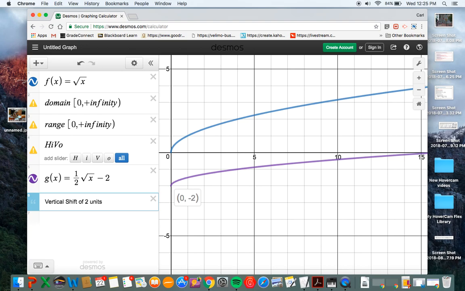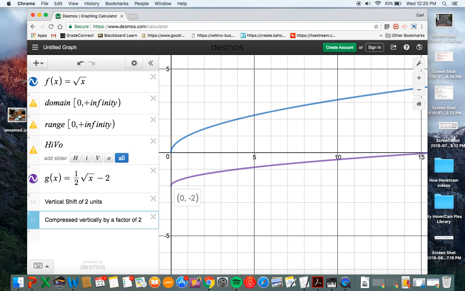We hopefully can see that there's a coefficient for the square root of x, that 1/2. This is correlating to where it's in between 0 and 1. So we can say that this was compressed vertically by a factor of 1/2.